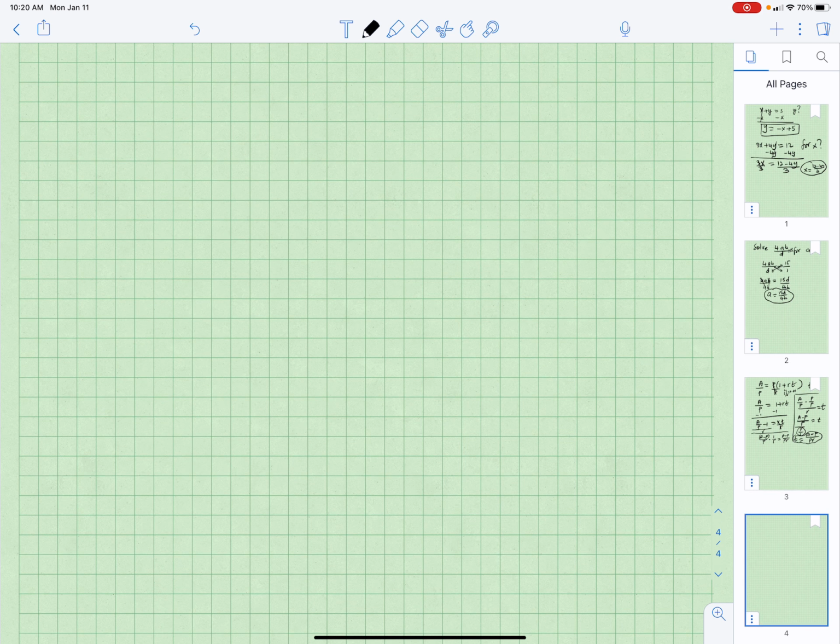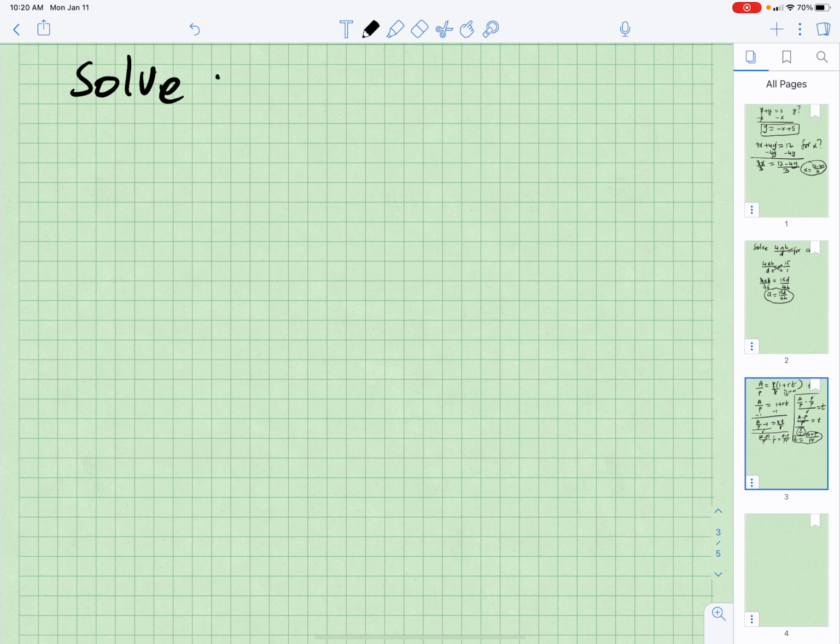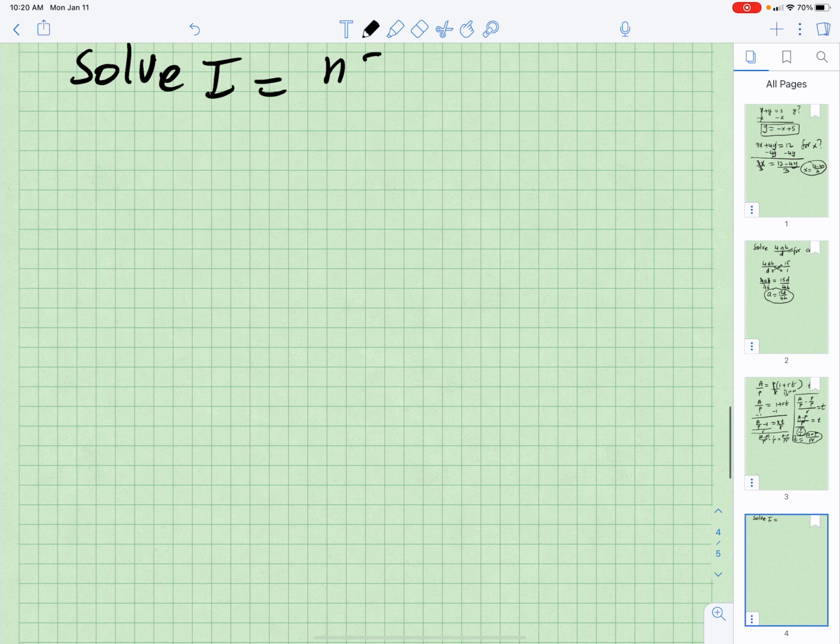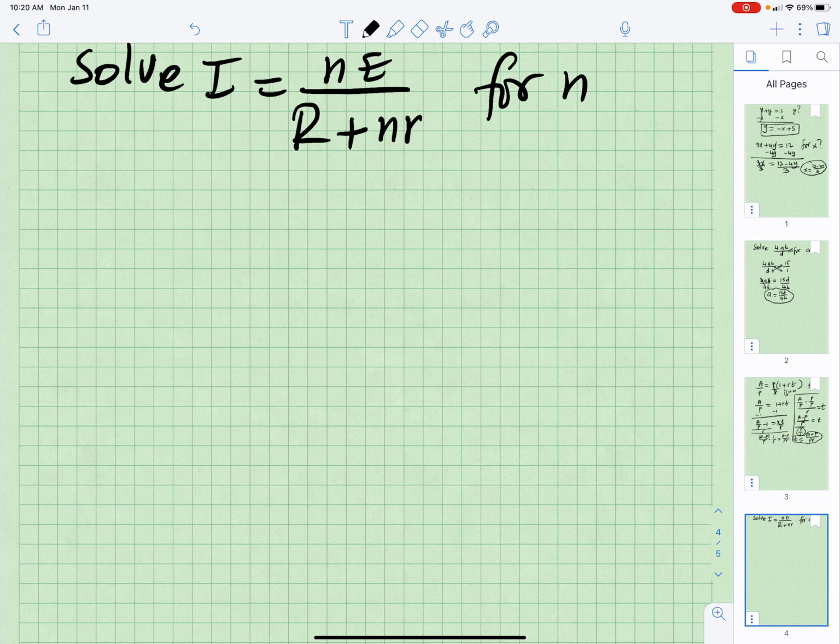Okay. Let's say we want to solve I equals NE divided by R plus NR, another formula, for N, right? So we're solving for N. So first we can change this to a fraction.